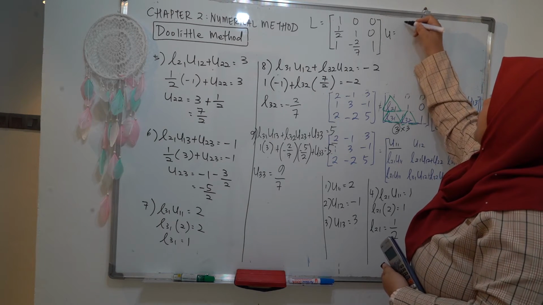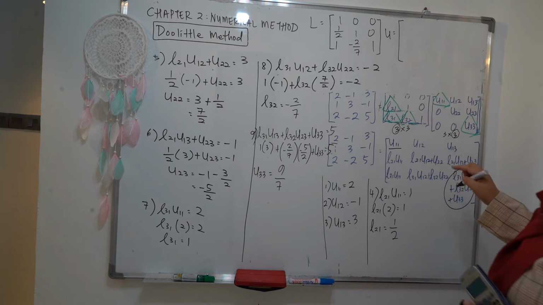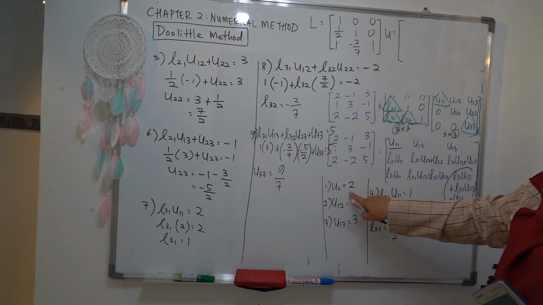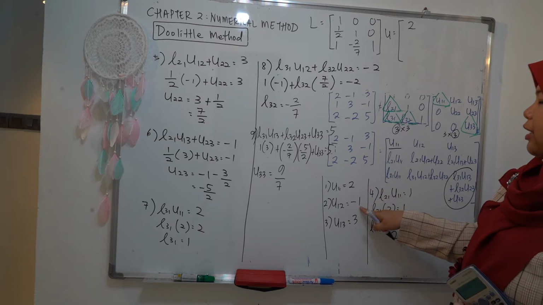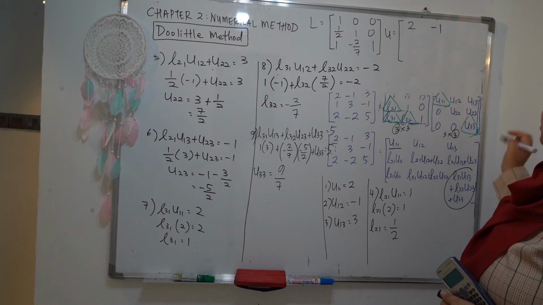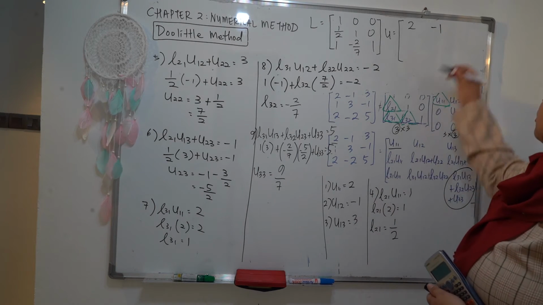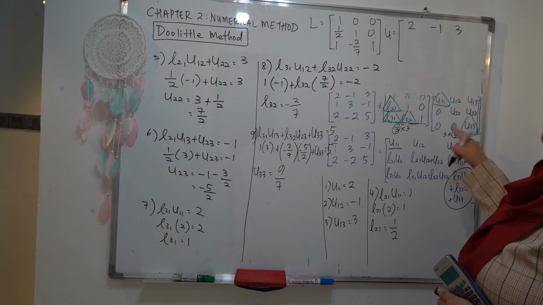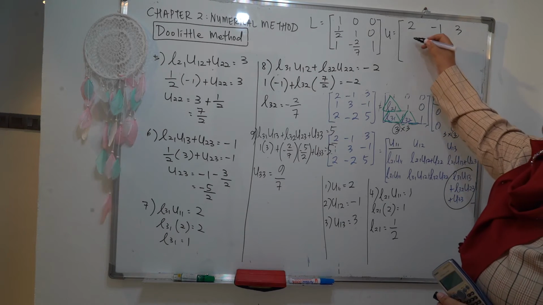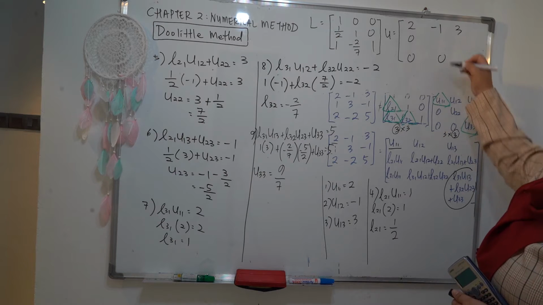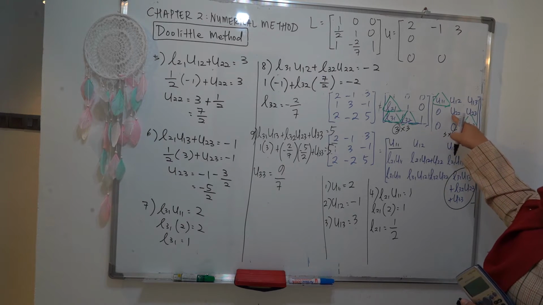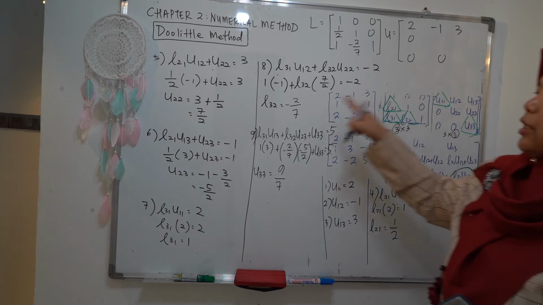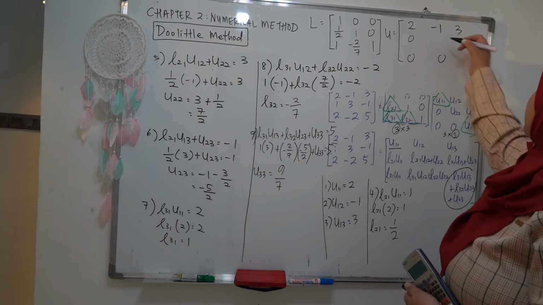How about the matrix U? We start with U11, so U11 is 2. U12 is negative 1. U13 is 3. Over here I just copy and paste 0 0 0 like this. U22 is 7 over 2.